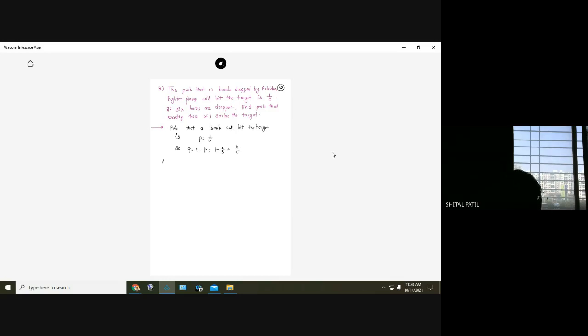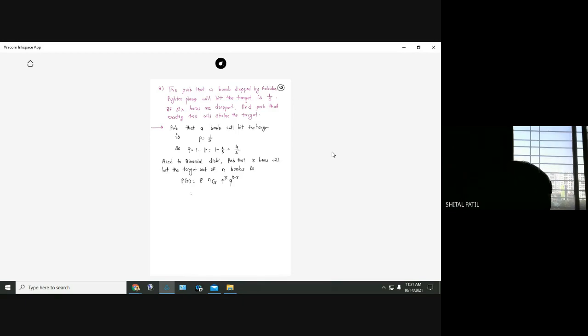Now write. According to binomial distribution, the probability that R bombs will hit the target out of N bombs, N bombs are dropped, right, R will hit the target, is NCR P raised to R Q raised to N minus R. N is known to us.